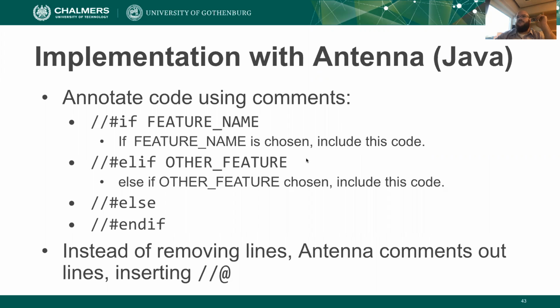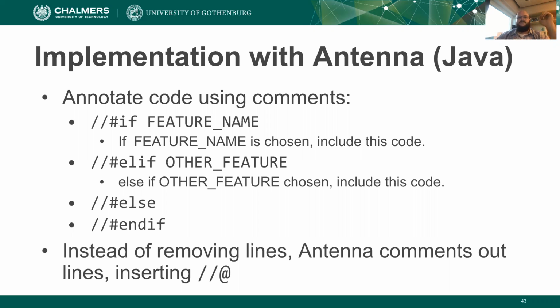We have an elif: if this other feature is chosen, include this code instead, else, and so on. This is pretty straightforward, just like with the CPP examples we've shown. Antenna uses comments for deactivation of the code, which are specifically two forward slashes, then an @ just to specifically note the ones Antenna has edited. So it's possible for Antenna to use the same files as input and output to cleanly transform code.